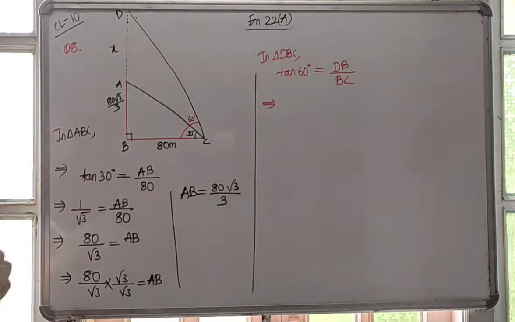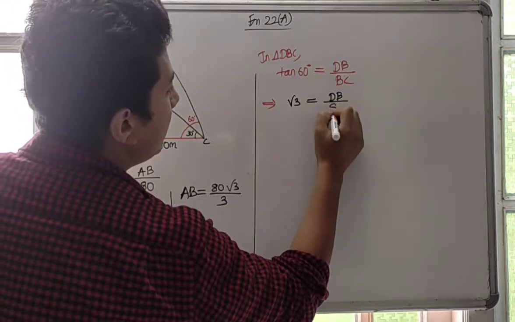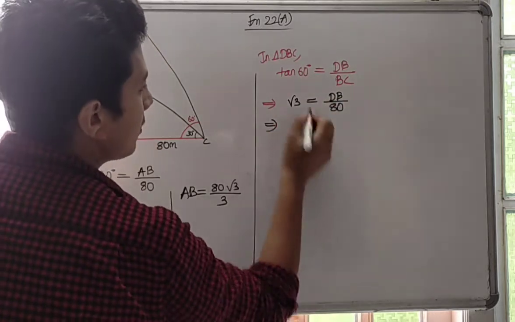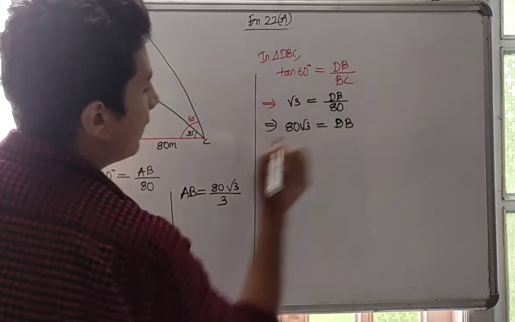So tan 60 degrees is perpendicular by base, DB by BC. Tan 60 degrees is root 3. So root 3 equals DB by BC, which is 80. If you cross multiply, you will get 80 root 3 equals DB.